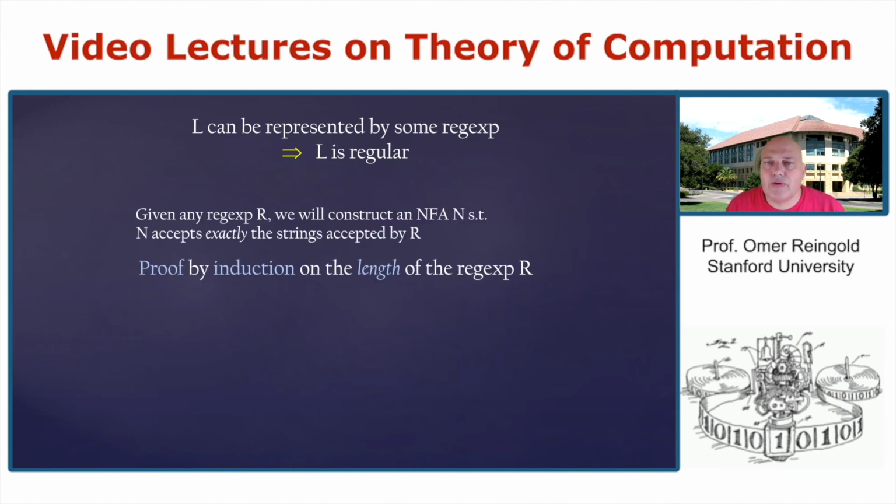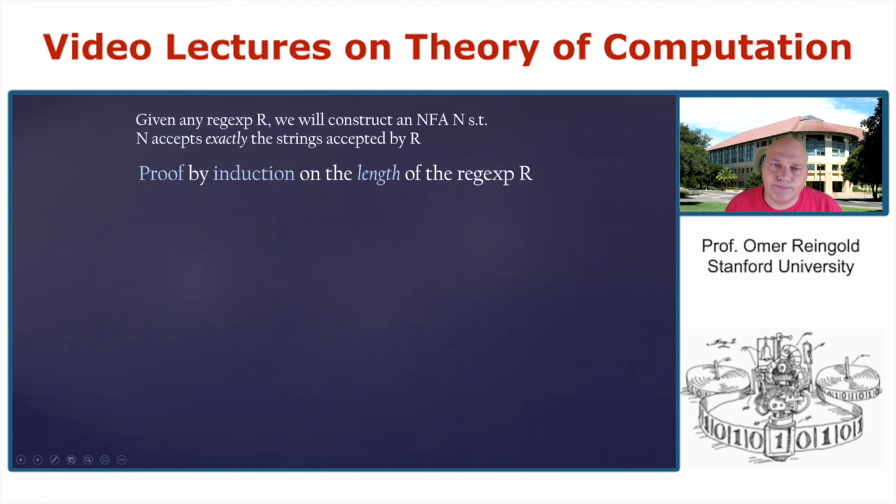So given any regular expression R, we want to construct an NFA N such that N accepts exactly the strings that are accepted by R. And the proof is going to be by induction on the length of the regular expression R. So the base cases are regular expressions of length exactly 1, and these are only the base cases of defining regular expressions.